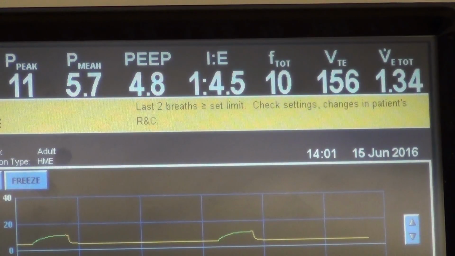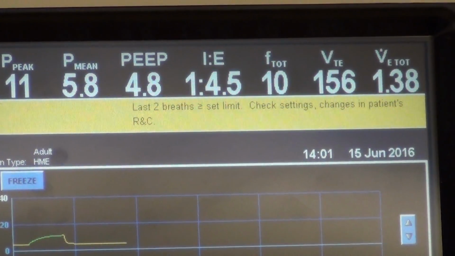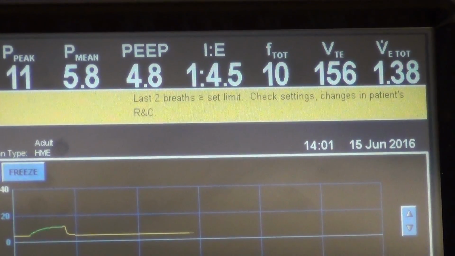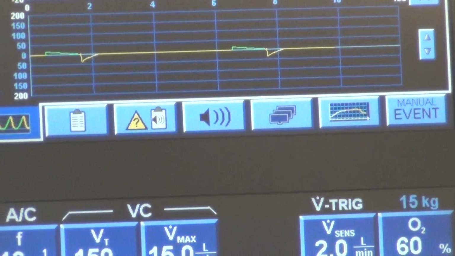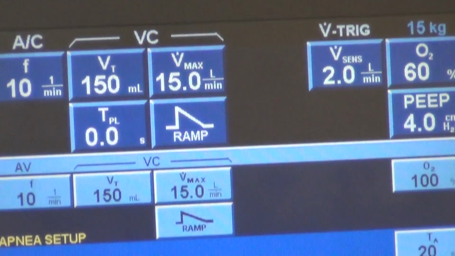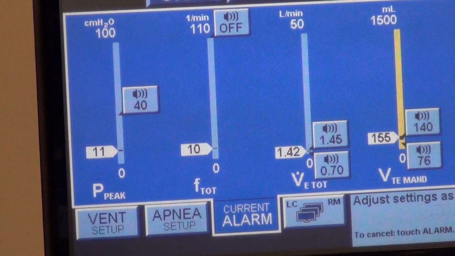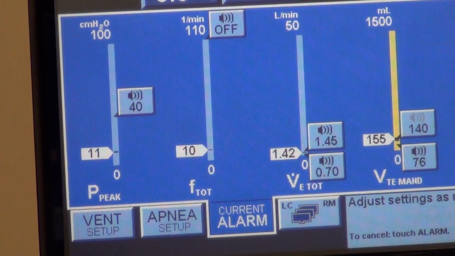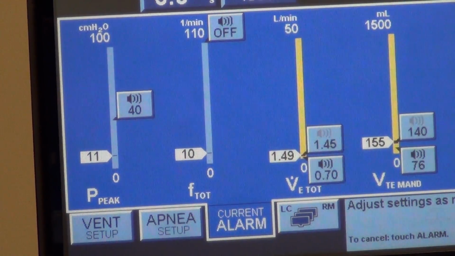All right, so now that's a friendly reminder about what? What is it that we did not set on our ventilator as of right now? Alarms. We have to set our alarms. Okay? So, looking from left to right, our peak inspiratory pressure.